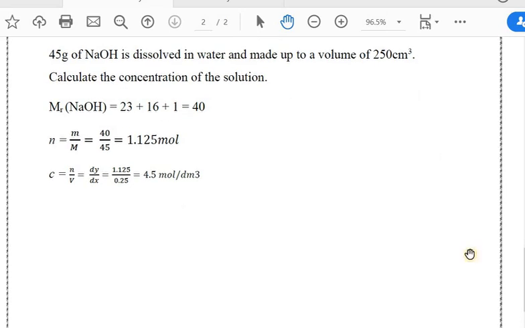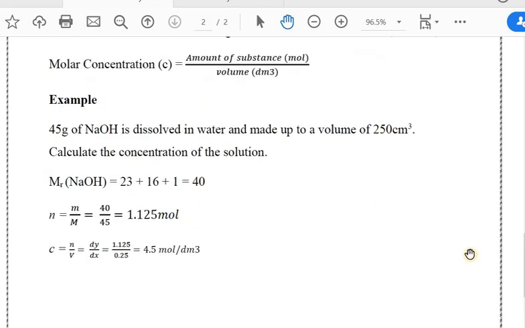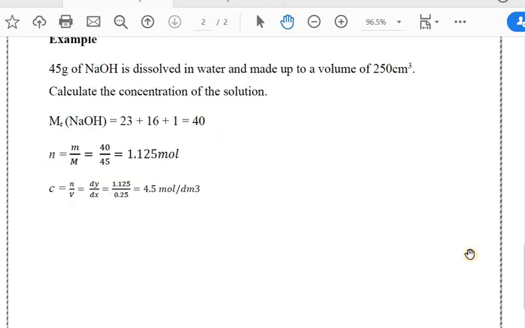For you to then calculate the concentration, you're going to say number of moles divided by volume. You take the number of moles, which is 1.125, and you are dividing it not by 1,000. Don't just rush, saying we saw that other question having 100, so we divided everything by 100, or we saw that other question having 1,000, so we divided everything by 1,000.